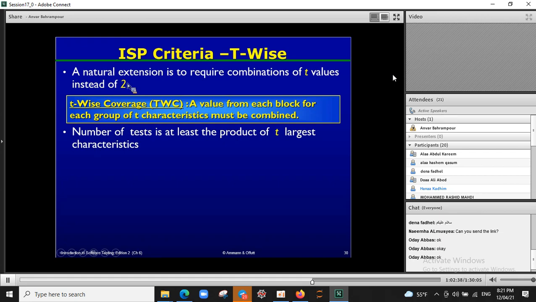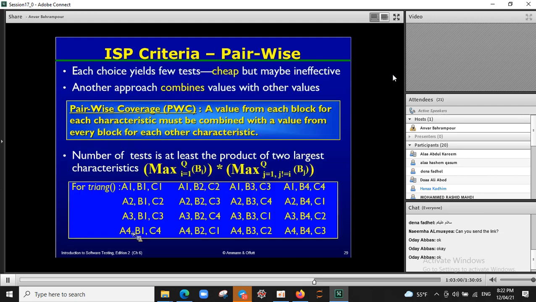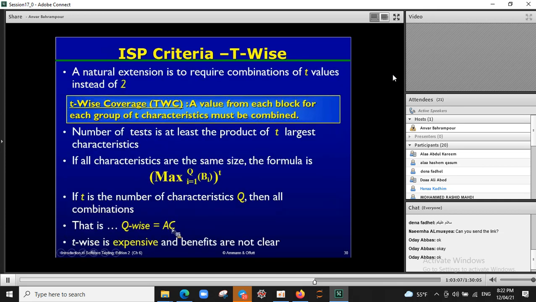Pairwise coverage criteria is a t-wise coverage criteria with the value of 2.